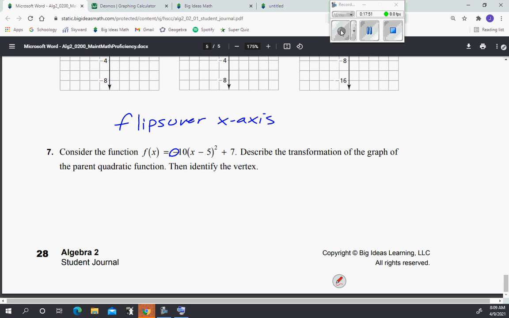This 10, what does that 10 do? That 10 is a vertical stretch of 10. Have I moved my vertex at all yet? No. All I have is it flipped over the x-axis and it became skinny. I haven't moved it left or right. The only thing that moves the vertex is right here, x minus 5, so that's going to be right 5.